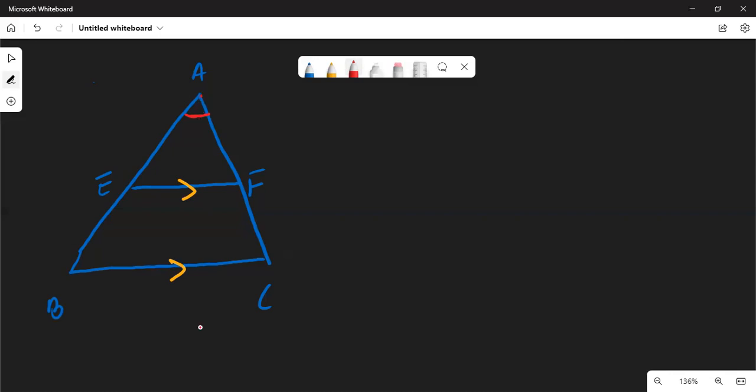So this one we are referring to as what? As a common angle. So it's actually the same for both triangles. All right, so that's a common angle that we are having in this case. All right, now, are there any other angles that are the same that we can locate from this part?